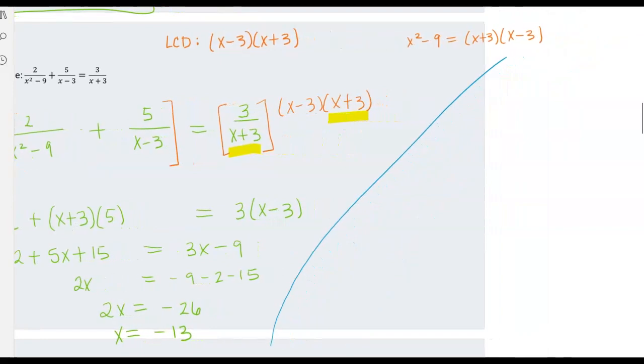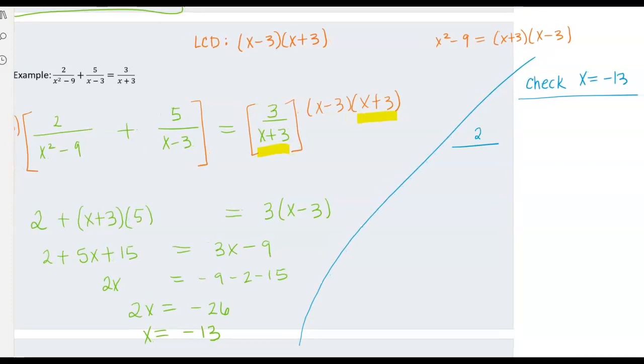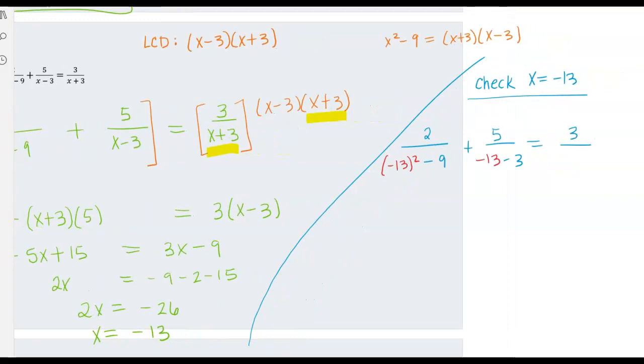All right, let's check this. Let's check x equals negative 13. I have 2 over negative 13 squared. 5 over, and we want to know if that equals 3 over this.